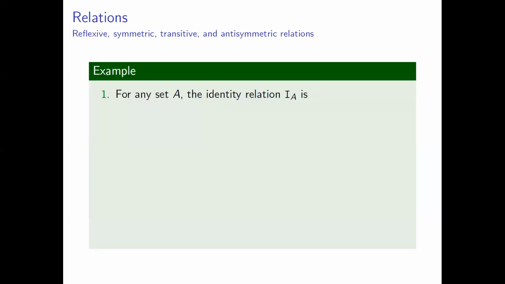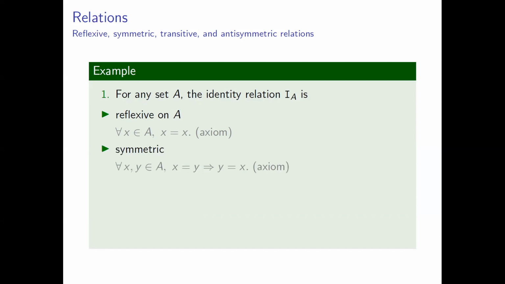For any set A, the identity relation on A is reflexive on A, since for any element x in A, x is equal to itself. It is symmetric since for any elements x and y in A, x equals y implies that y equals x.